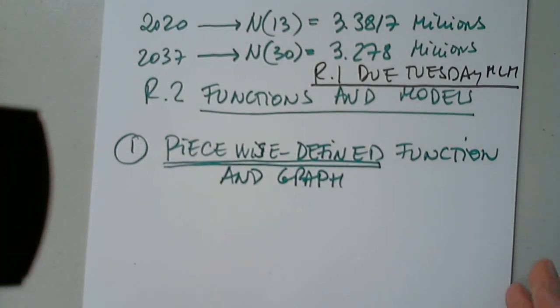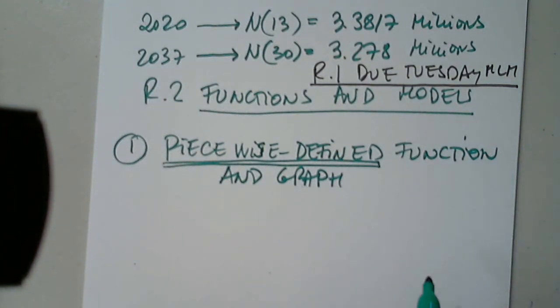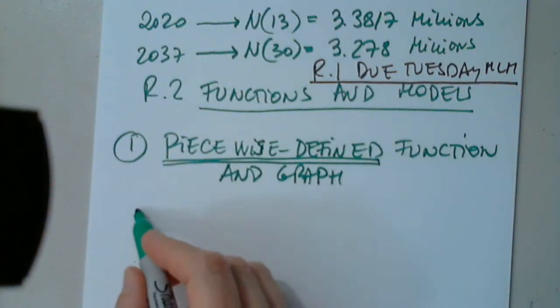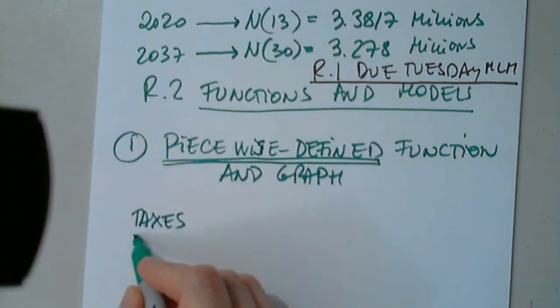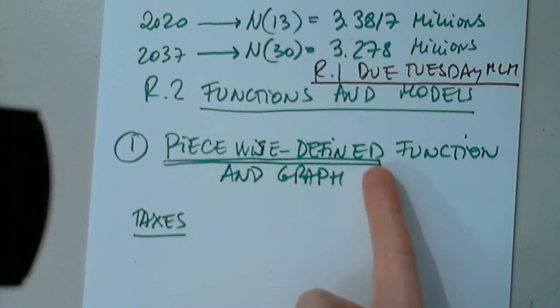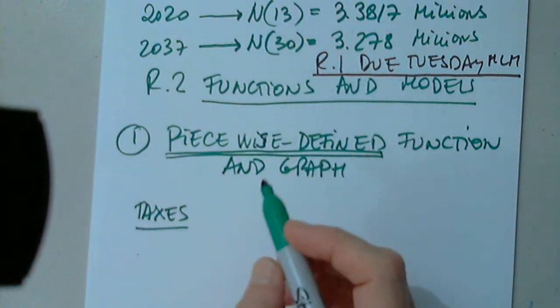So here's one example, and I'm making the numbers up. I do not know the tax code. I'm not an accountant. I was not really interested in knowing too much about how the tax code works. But taxes, or the way taxes work, are exactly an example of a piecewise defined function. How come? Well, I'm making stuff up now.